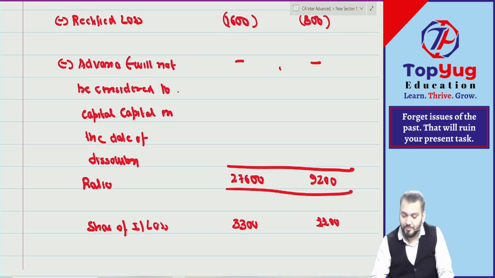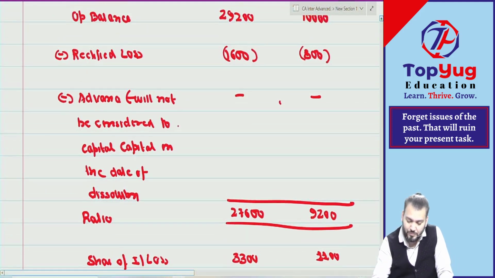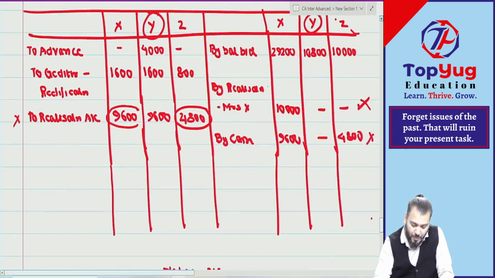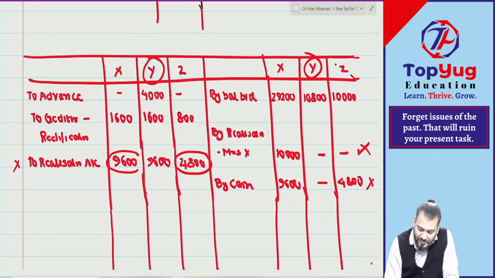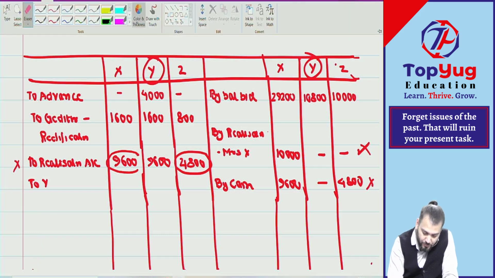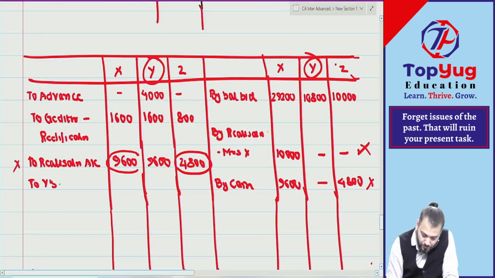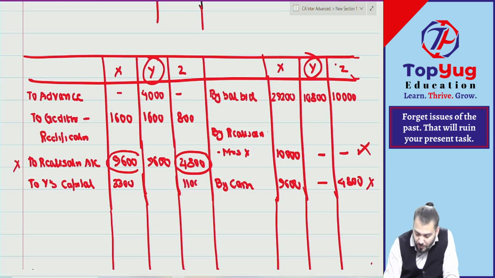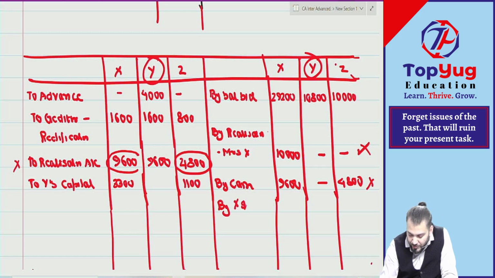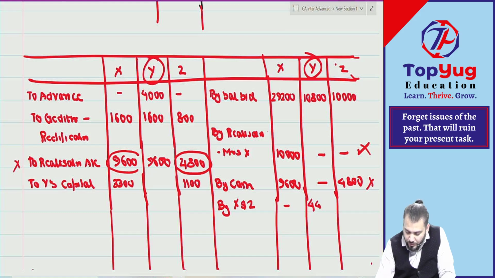Super easy. Can we now do the last posting? So X and Z will be debited to Y's capital. How much? 3,300 and 1,100, and by X and Z capital account, how much? 4,400.